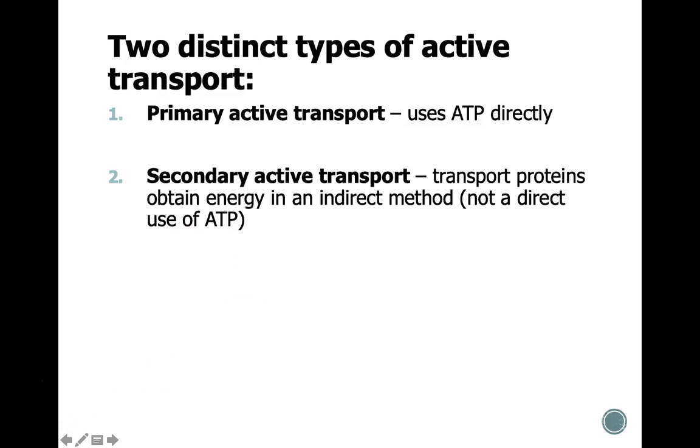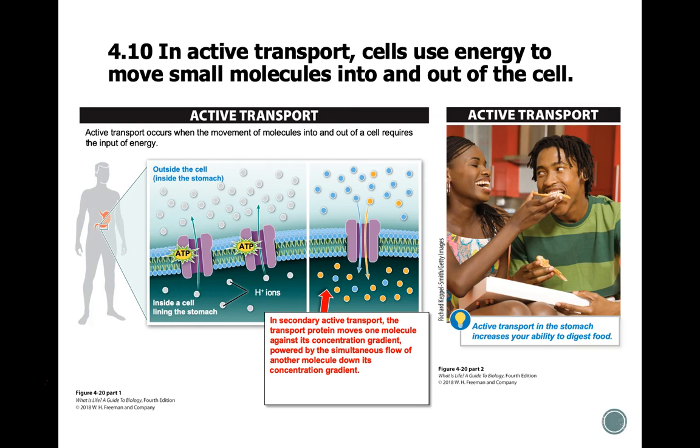We can also have something called secondary active transport. In secondary active transport, molecules are moved using energy indirectly. So in this case, we have two molecules moving. One is this blue molecule here, and this blue molecule is moving along its concentration gradient.